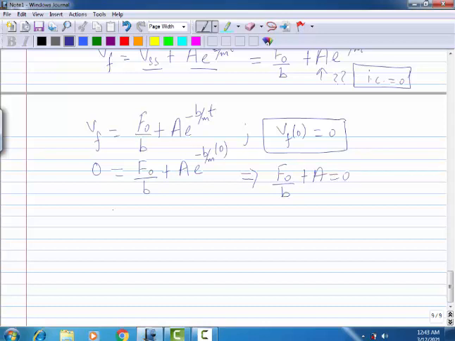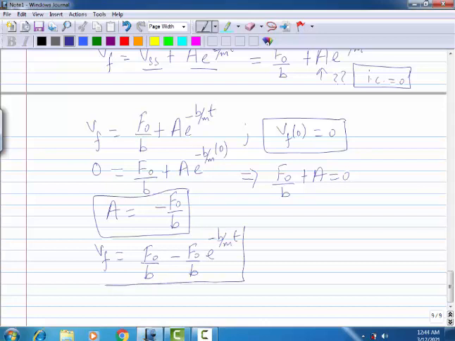So from here capital A becomes minus F naught divided by B. Now what is the force response? Now the force response becomes F naught divided by B minus F naught divided by B exponential minus B by M t. This is the force response.